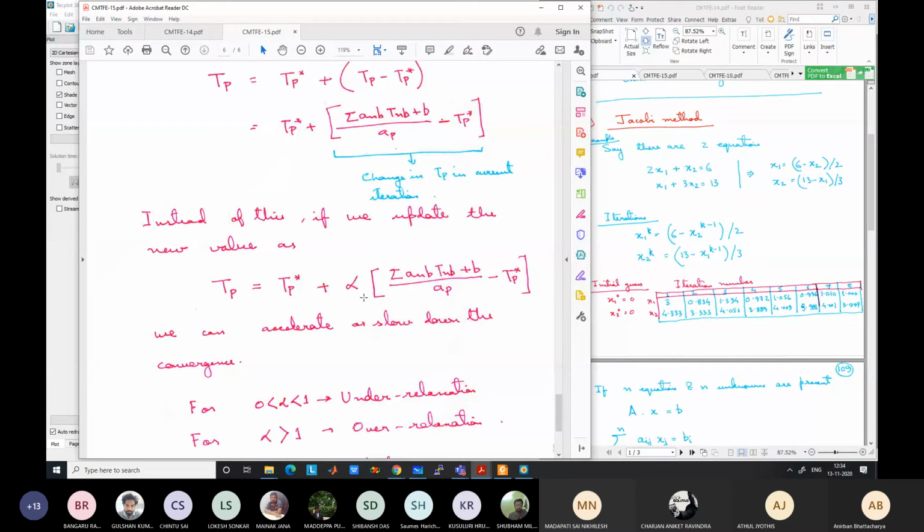Like if the change is 3.6 and alpha is 1.5, so you are multiplying 1.5 into 3.6 to the previous iteration value. So you are moving more towards one direction. Okay, this is known as over relaxation, and this type of thing you will use for Gauss-Seidel method.